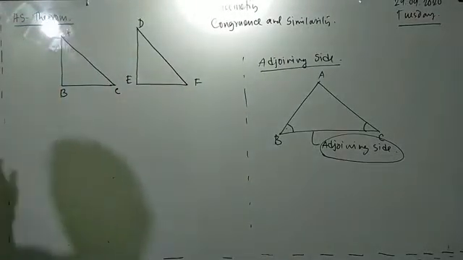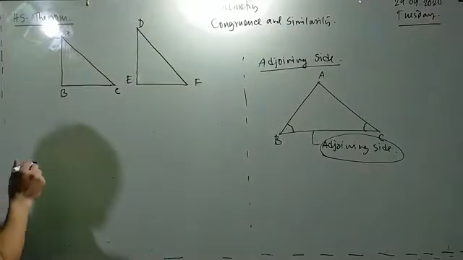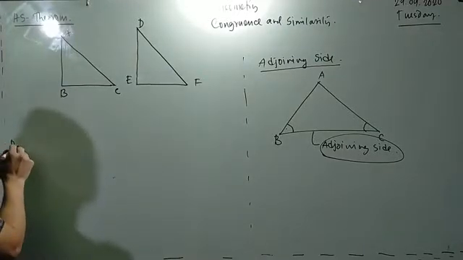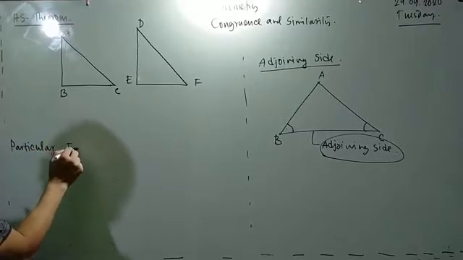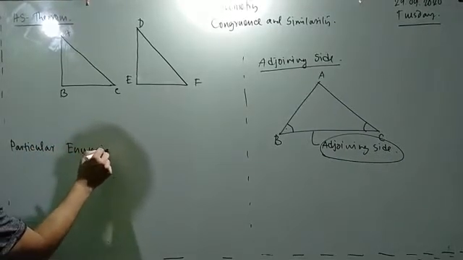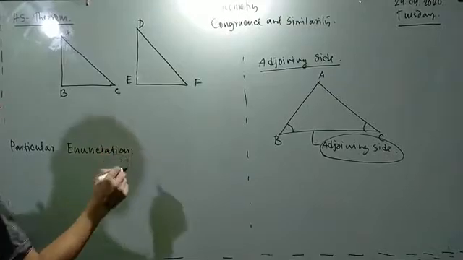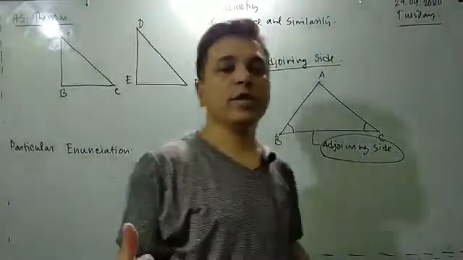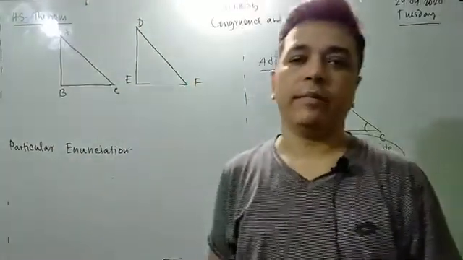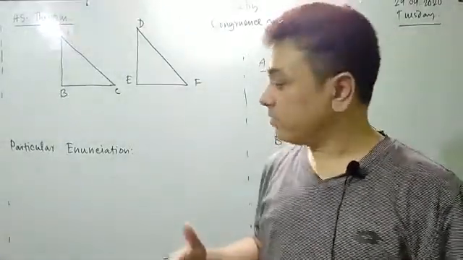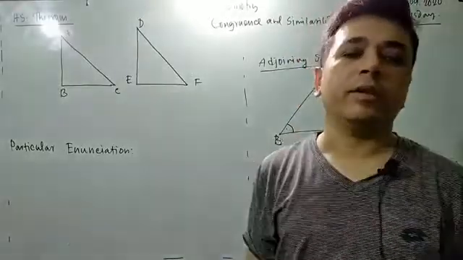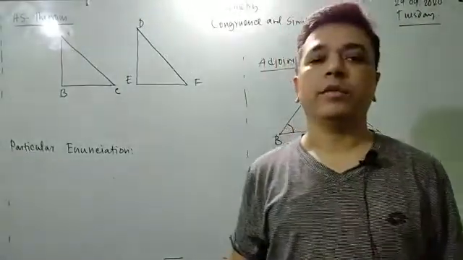Particular enunciation I am writing. All of you can write the particular enunciation. All four theorems, SAS theorem, SSS theorem, ASA theorem, and HS theorem, every single theorem is given in the book, and they also give the proof of how they proved it.